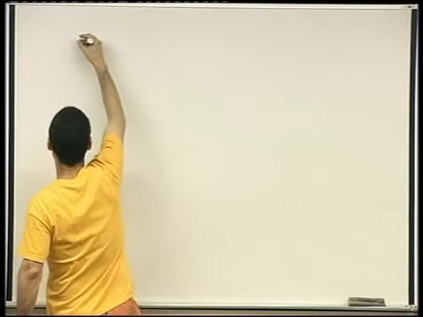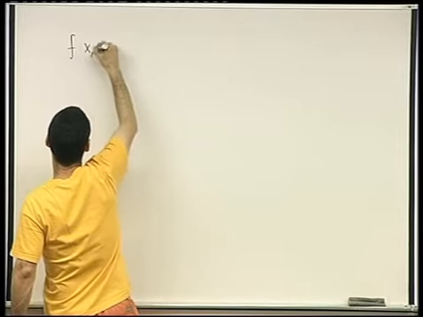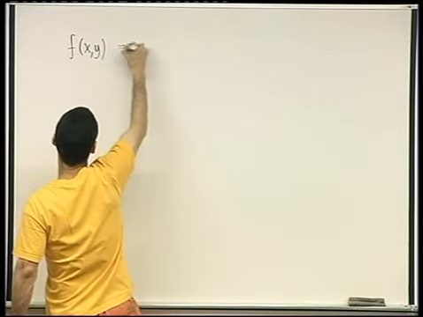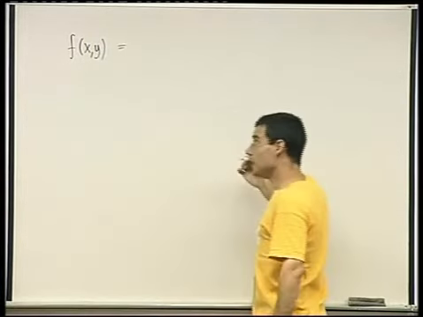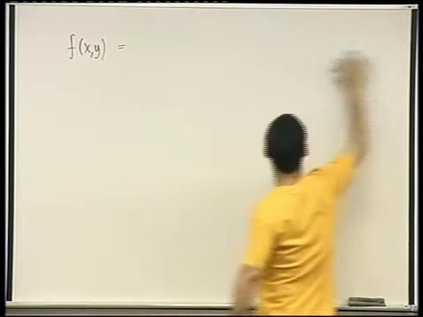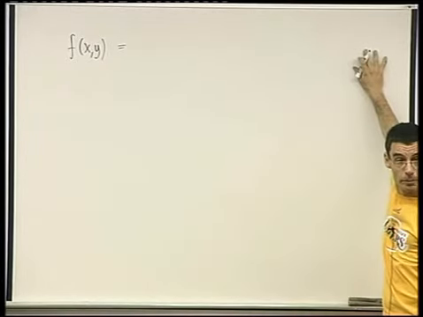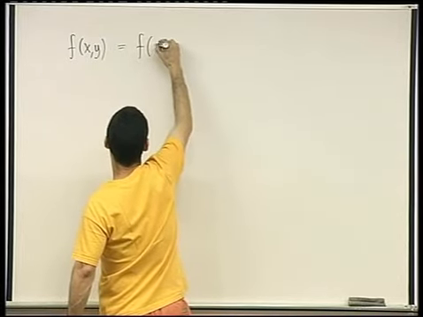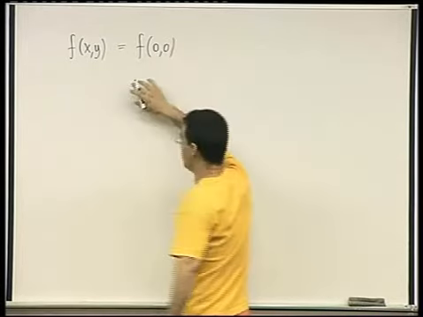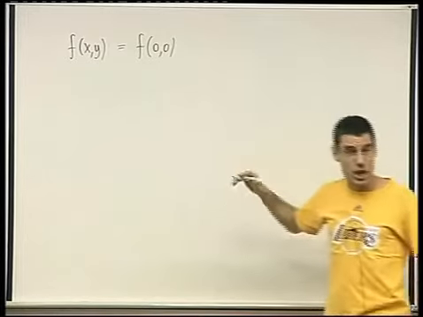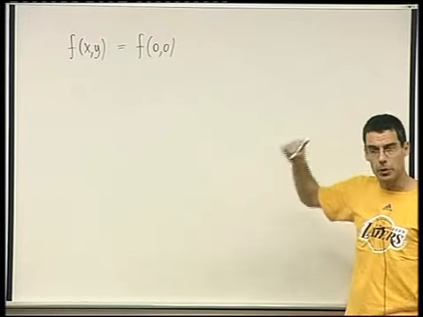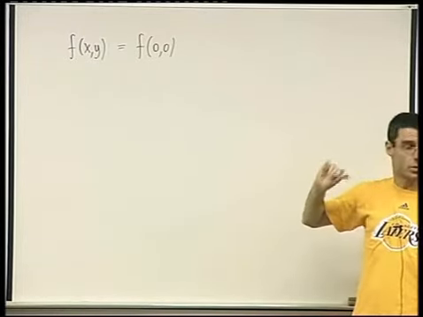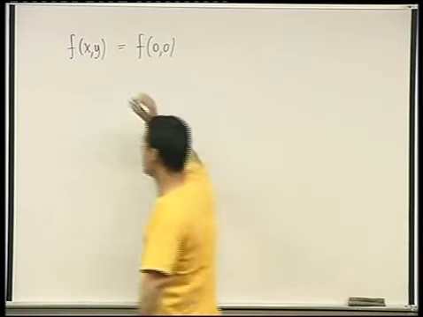So f(x, y), its Taylor polynomial. I'm going to write the polynomial, and then there's going to be a remainder term. Okay, so what is it? It's f at 0, 0. Instead of working around the general x0, y0, I'm going to work around the origin, 0, 0. Okay, so let's start here.